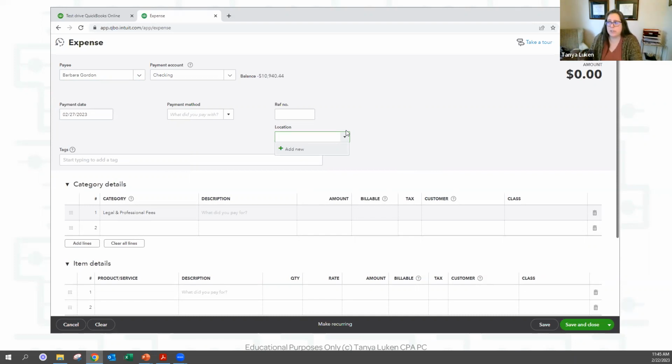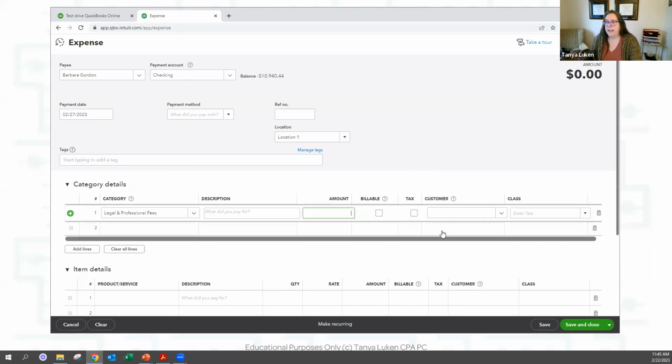It's a one-to-one relationship, meaning I could pick location 1 here, and let's say we're going to pay her $2,000, but we're going to pay her for the first class.